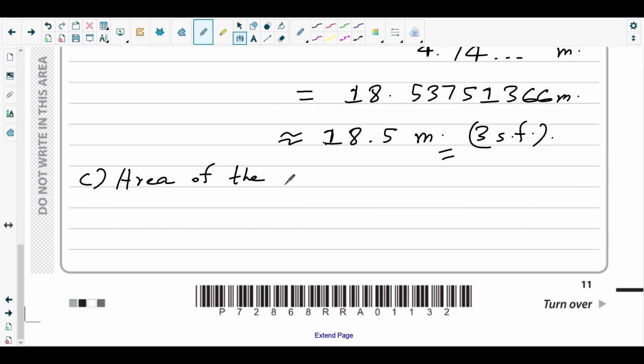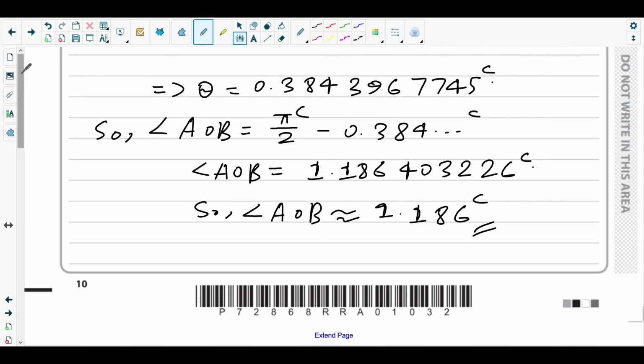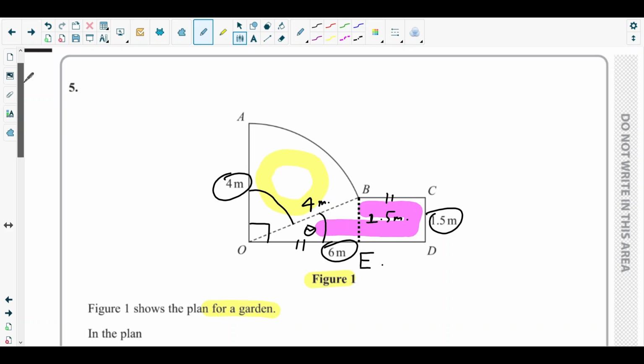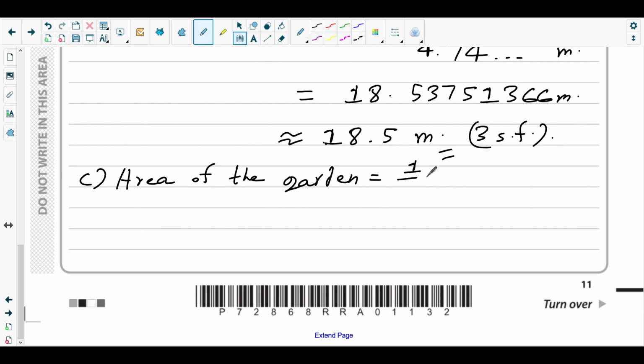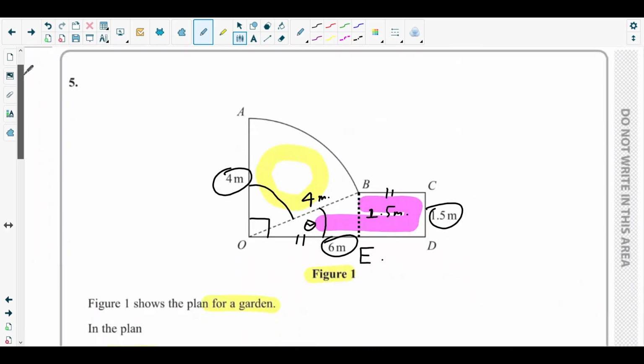This is the area of the sector AOB. The area of the sector AOB is half r squared theta. The radius is 4, so half of 4 squared theta. Theta is 1.186 something radian, plus the area of the trapezium. The area of the trapezium is half of the sum of the two parallel sides times the separation distance.